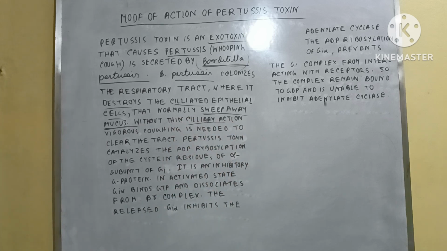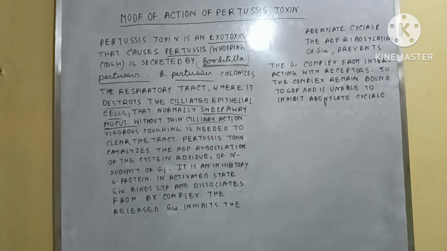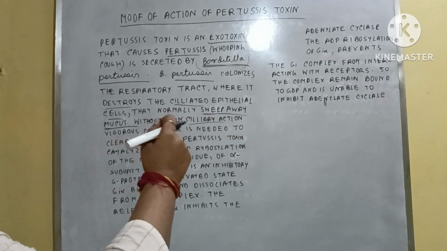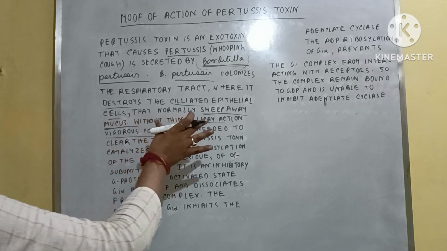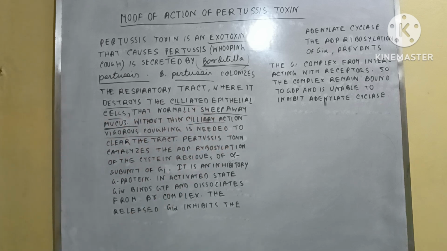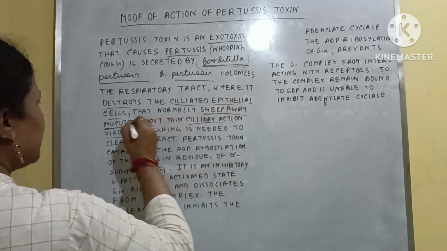And for this ciliary action, to sweep away the mucus, we need vigorous coughing. Vigorous coughing is needed for us to clear the tract, to function like the ciliated cells.